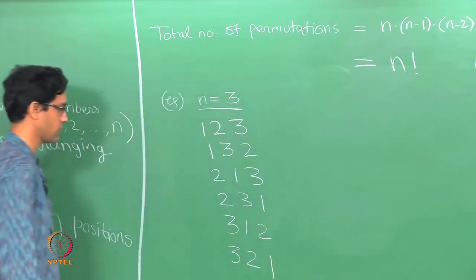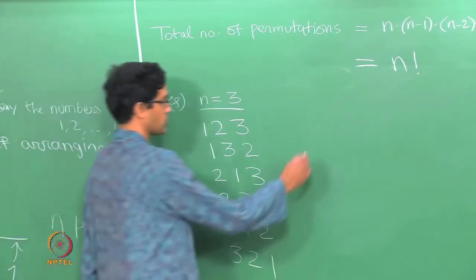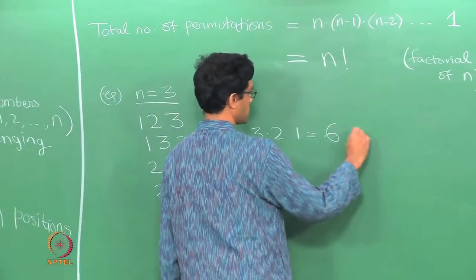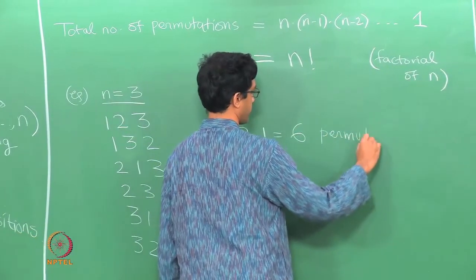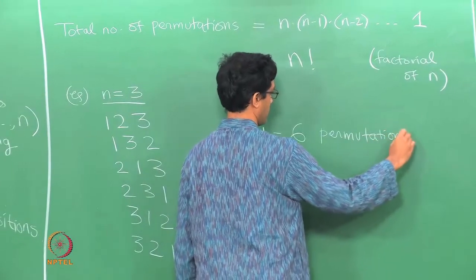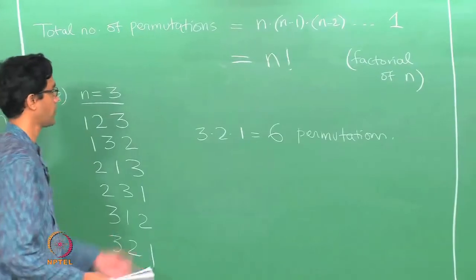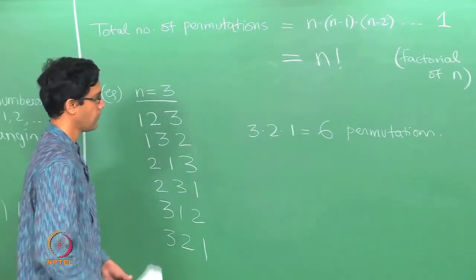And that's the full list. There are 6 possibilities. So that's 3 into 2 into 1, that is 6 choices, 6 permutations. Okay, so of course that's the usual well known answer, n factorial.